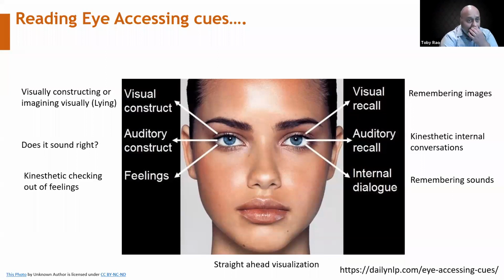I wish we had more time so I could actually do a demo of this. It's really interesting. So that's visual recall. And if their eyeballs are in the center and towards this way, they're doing an auditory recall. Okay, what did that sound like?